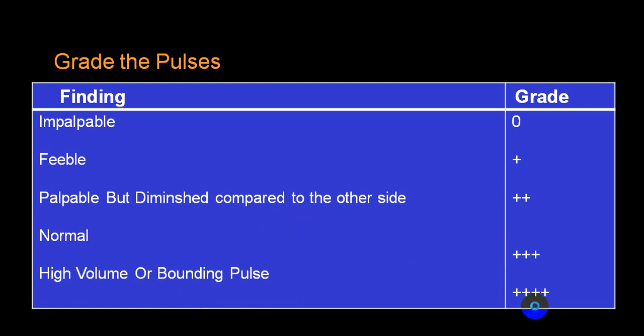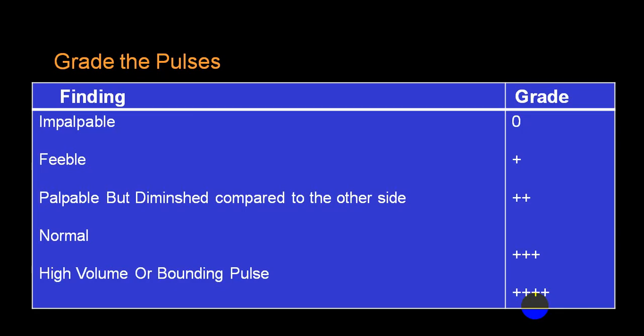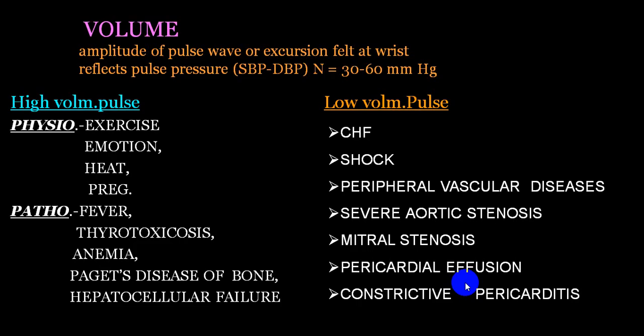Whichever way you grade them, either you grade according to this 0, 1, 2, 3, or you can grade 0, 1 plus, 2 plus, 3 plus. 3 plus is normal, 4 plus is a large volume.